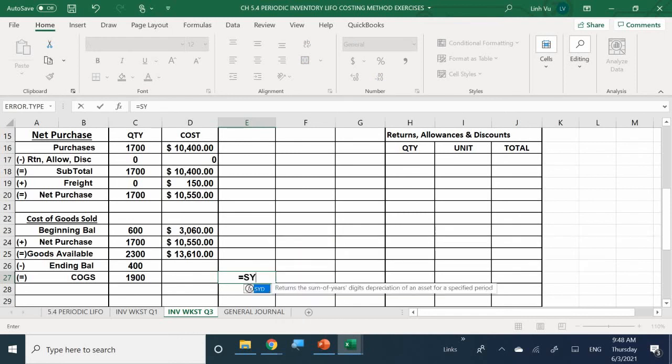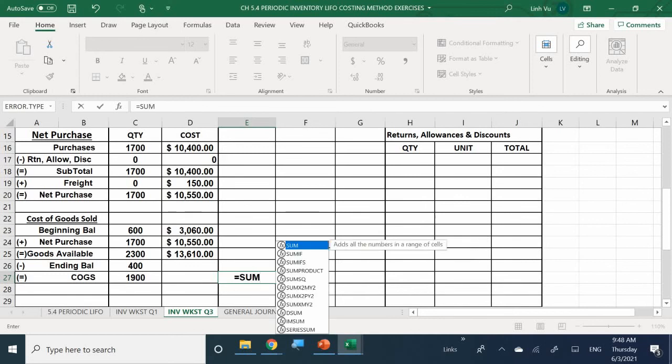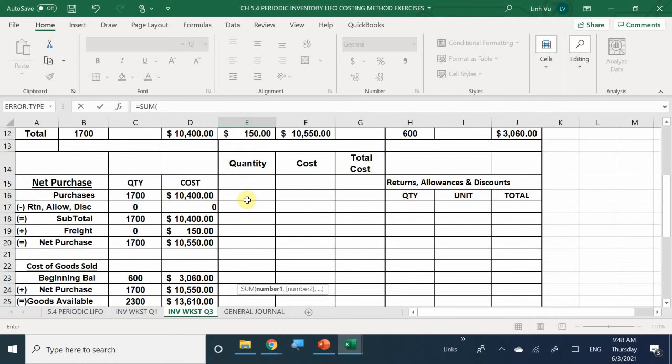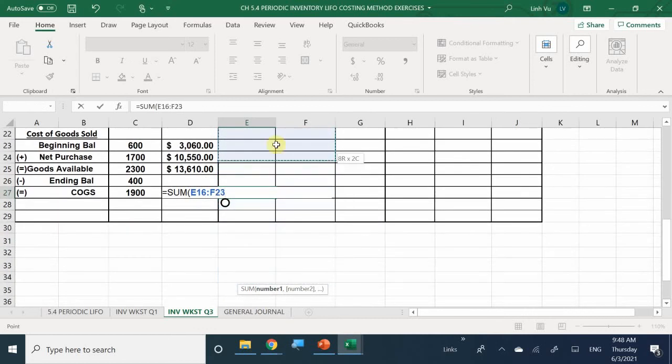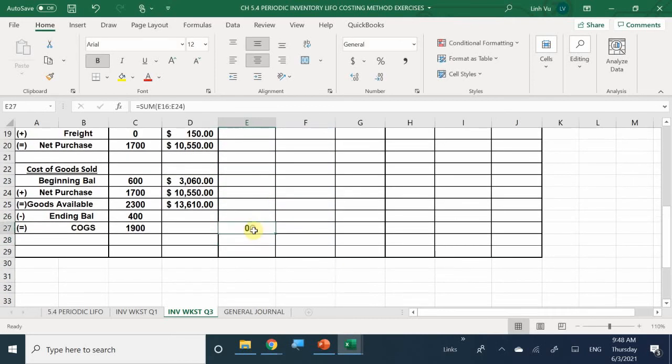So now let's go ahead and do our calculation. Let me copy this row right here.